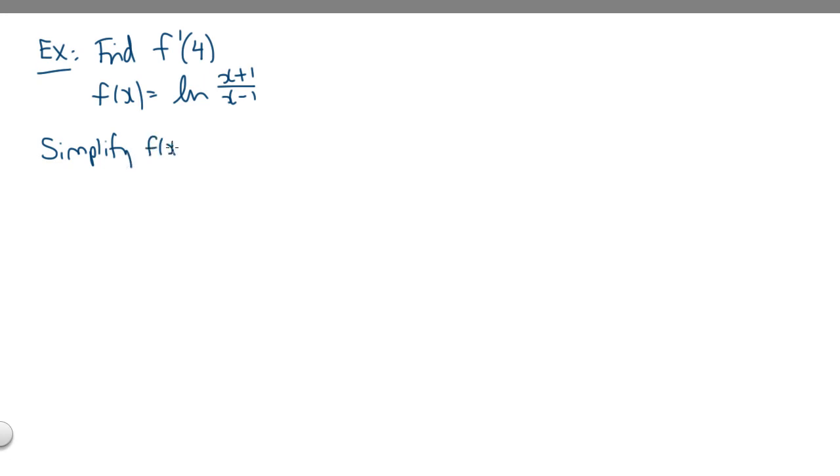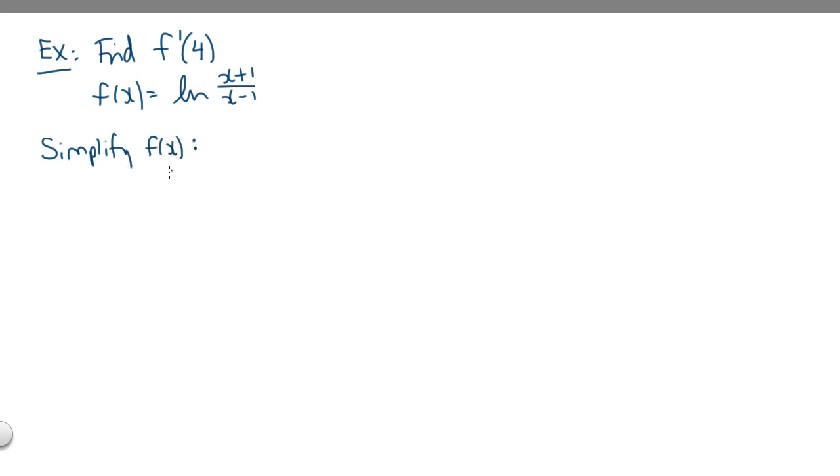Okay, for our last example, let's find f prime of 4 when f of x looks like ln of (x plus 1) over (x minus 1). Now, in this type of problem, it really pays to simplify f of x before taking our derivative.